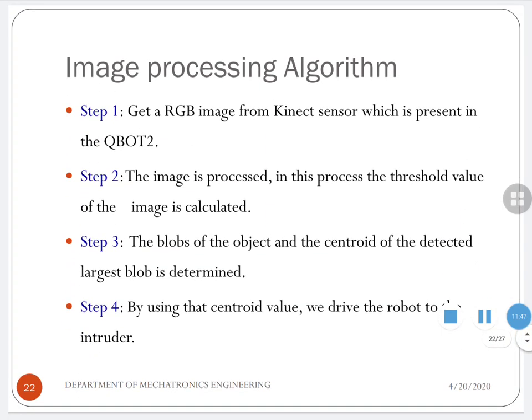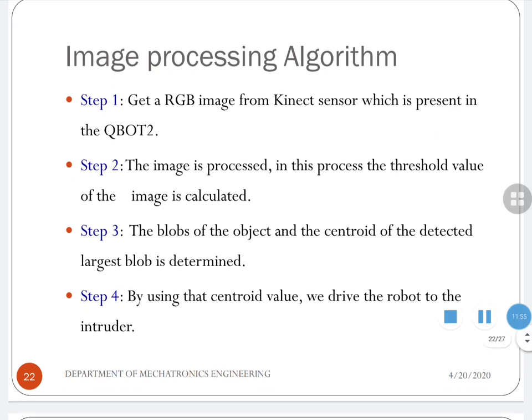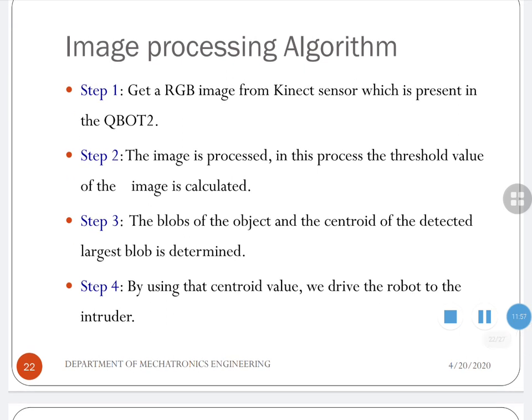Then this is the image processing algorithm, how the Kinect sensor works and how it moves. Basically, an RGB image is obtained from the Kinect sensor, so that is the first step. The image is processed and the threshold value of the image is calculated. All the blobs of the object are determined, and the centroid of the largest detected blob is determined.